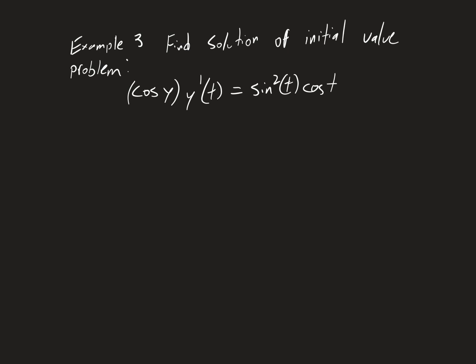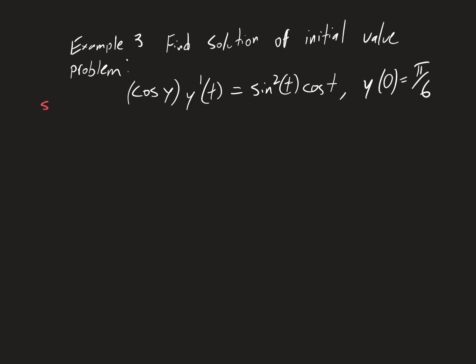Okay, so here is the equation, and they also give us an initial value, which is y of 0 equals pi over 6. So this time we will solve it, and we only have to do it once. They have one initial value condition given. Okay, so let's take a look at where this takes us.